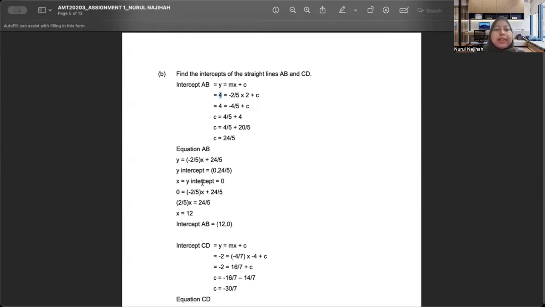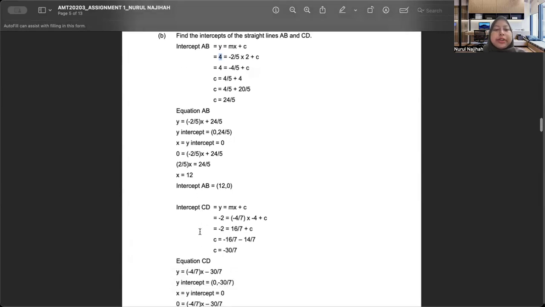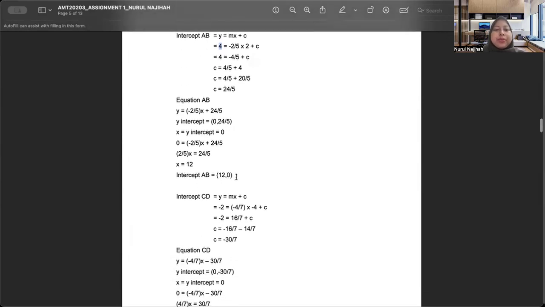By replacing this, we can calculate the x coordinate. So the intercept of AB will be at coordinate (12, 0).